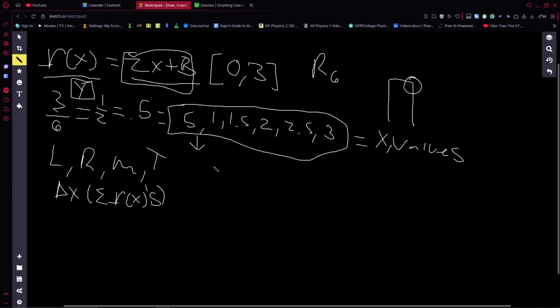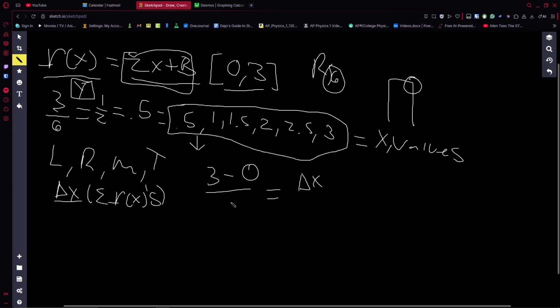Now, how can we do this in terms of the equation that we were presented with? Well, let's calculate the change in x. So we know that change in x is final minus initial. And for our interval, we have 3 minus 0, over the subintervals.